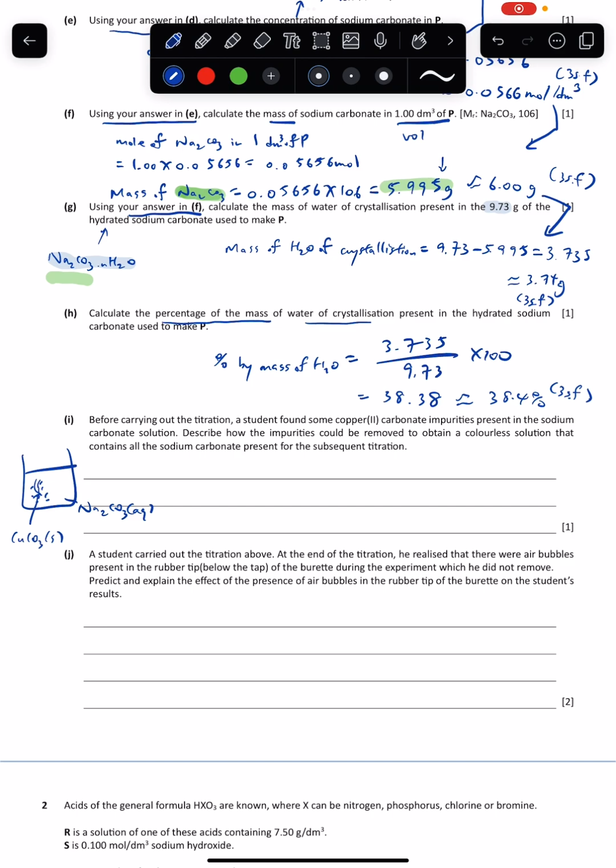How to separate them? Isn't this just filtration? It is, right? So you will just filter to obtain the filtrate, which is your Na2CO3 (aq). Impurity. Oh, that's it. Yep. That's it.